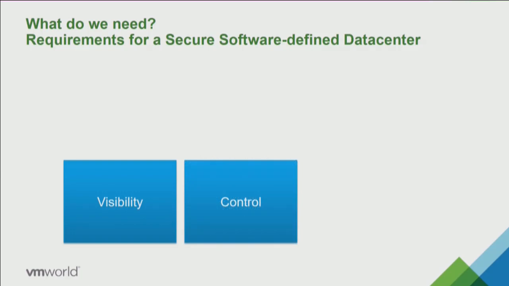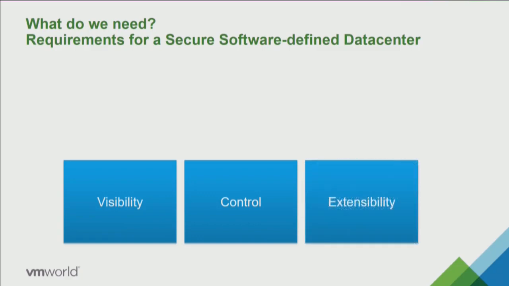Once we've got the visibility, we want to apply control. Now that we know where things are and what they're doing, we can start putting controls on them. On top of that, we want to provide an extensible security infrastructure, because VMware is not going to solve all of your security problems alone.